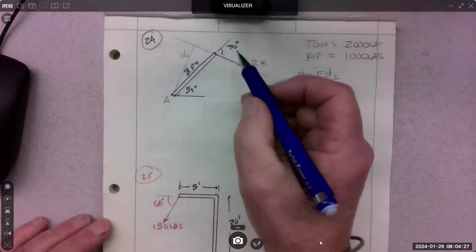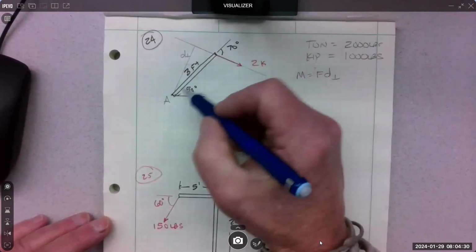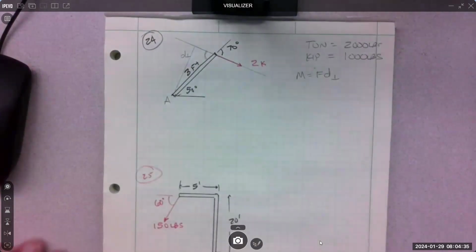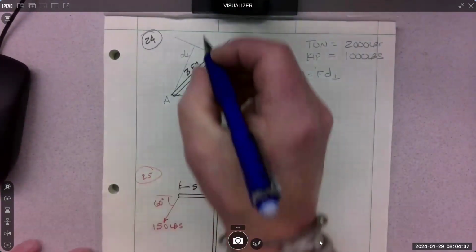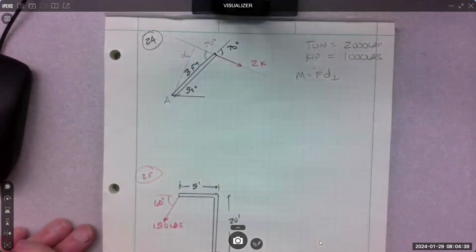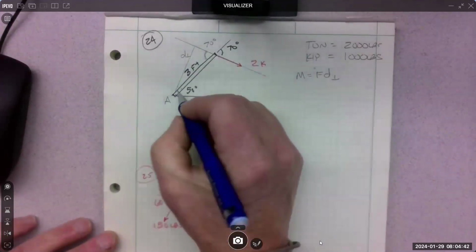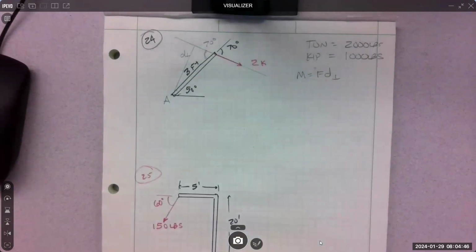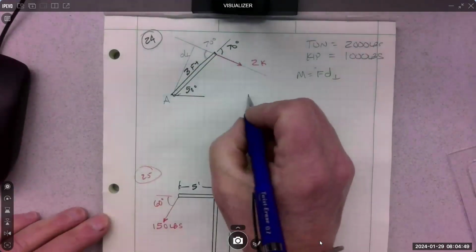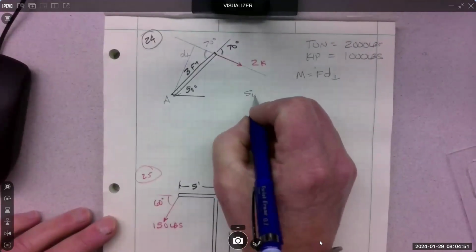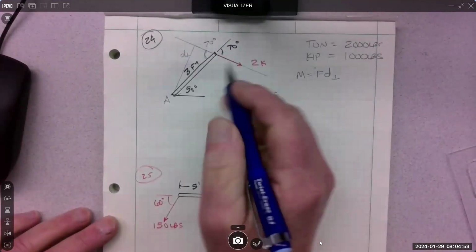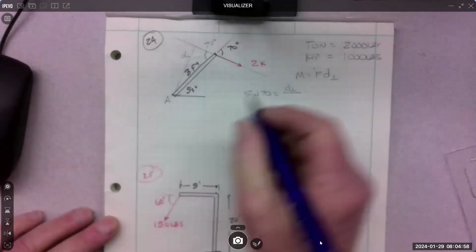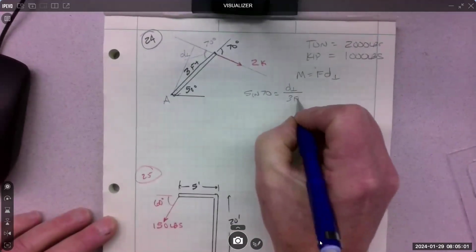So if this is 70, right, and this is a straight line, then that right there is also 70. And we know the hypotenuse is 3 feet, so we could calculate this distance. There's trigonometry skills. I'll say sine 70 equals opposite distance perpendicular over hypotenuse 3 feet.